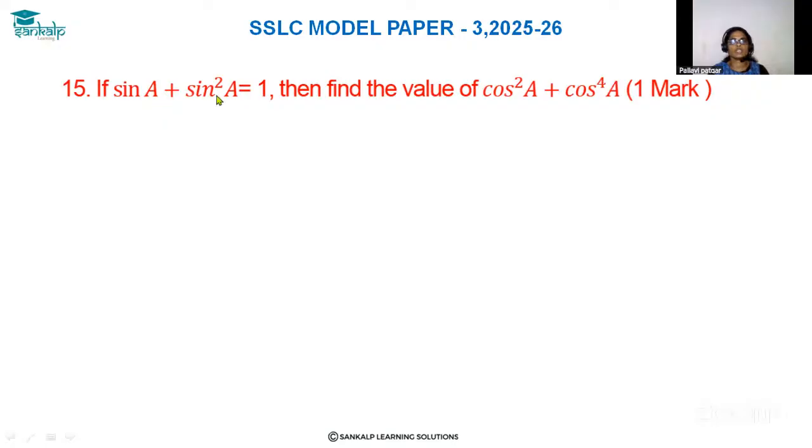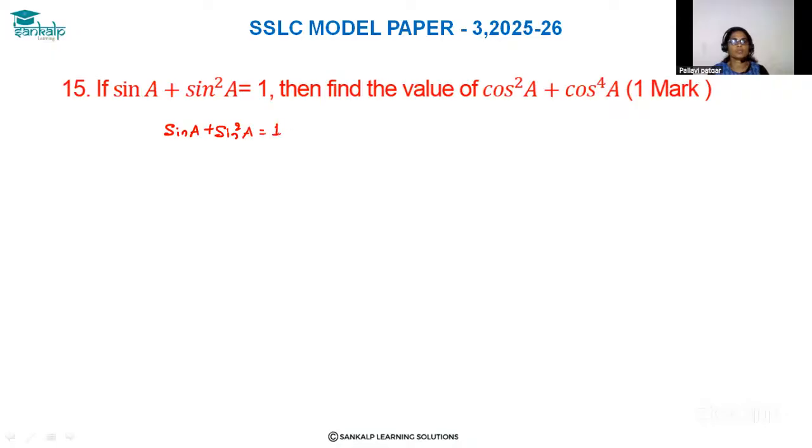Hello everyone. Look at question number 15. If sin A plus sin square A is equal to 1, then find the value of cos square A plus cos raised to 4A. The given equation is sin A plus sin square A is equal to 1.